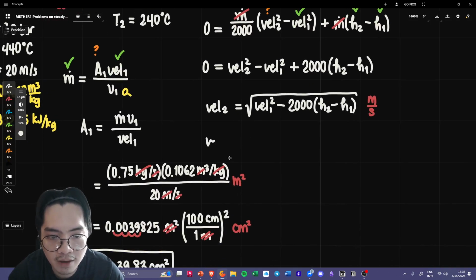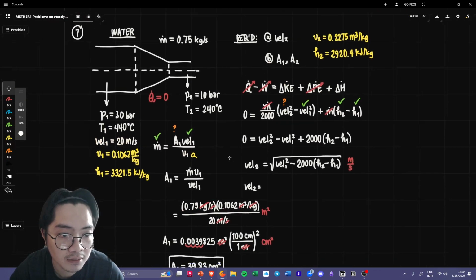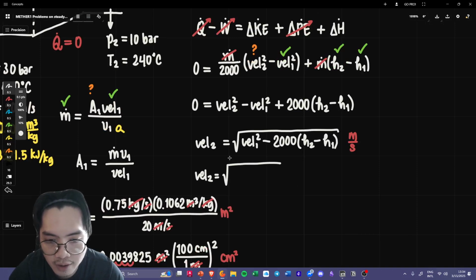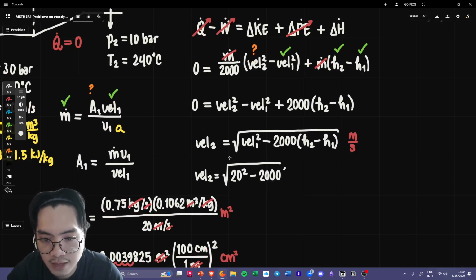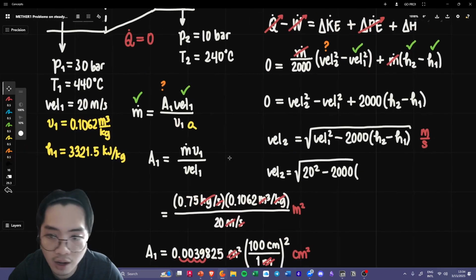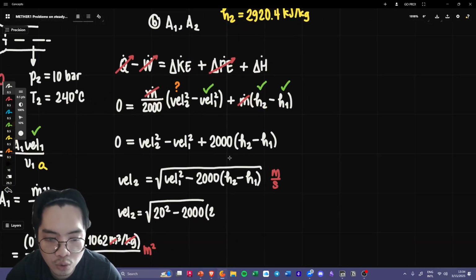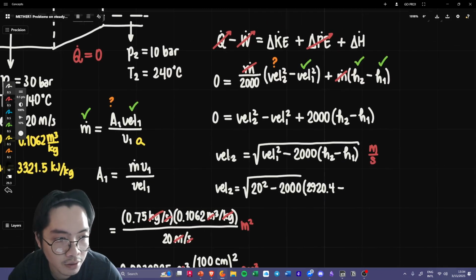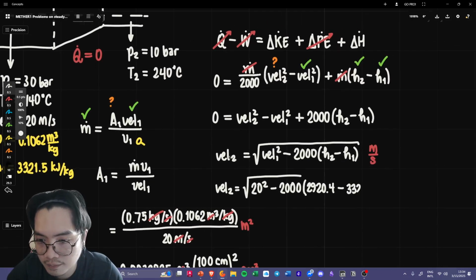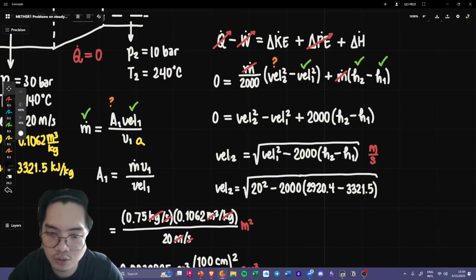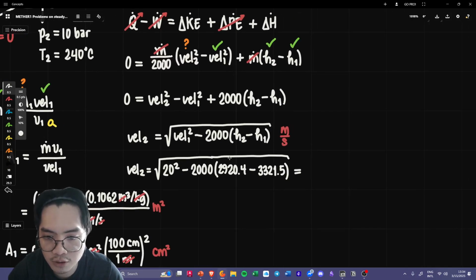So now we will have vel2 is equal to, your vel1 is what again? 20 squared minus 2000 times, what is H2? H2 is this, 2920.4 minus 3321.5. There you go.